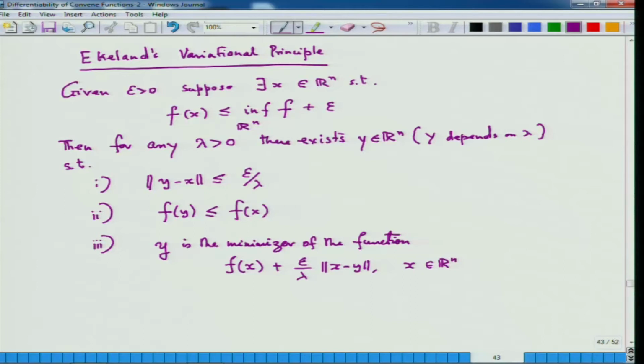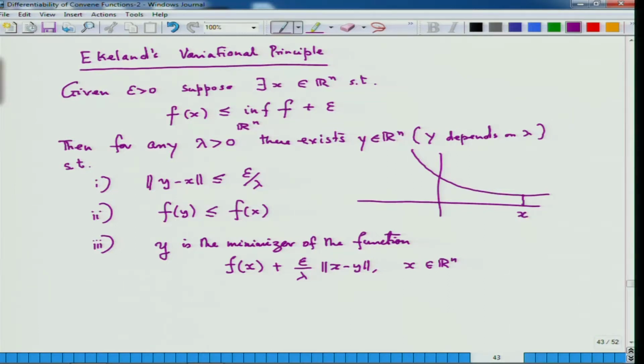So, what it says is that, let your original function need not have a minimum and it has an epsilon minimum, and let this be the epsilon minimum.